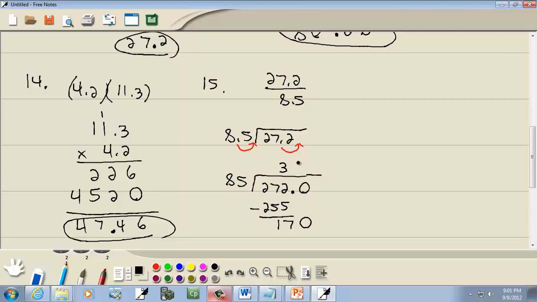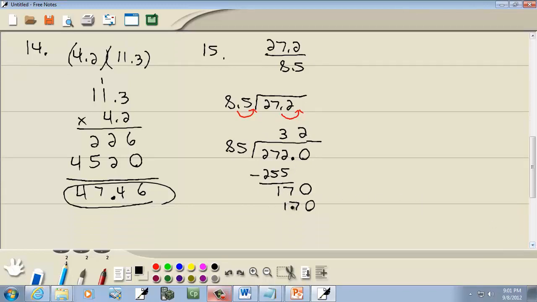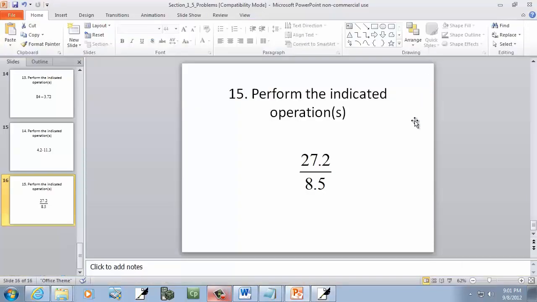And 85 goes in that 2 times. 170. And when I subtract those, that gives me 0. That 0 there means we're done. Now here's my decimal place. The answer will have a decimal right straight above it. So our answer to this problem will be 3.2. And I believe that's the last one in that section, so we're all done with that.